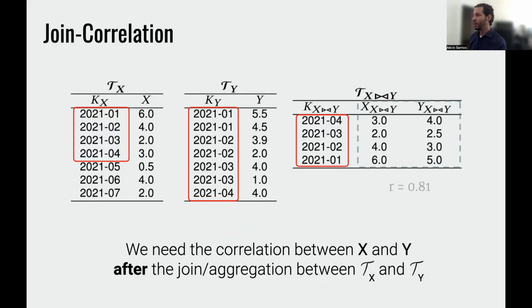Our goal is to compute the correlation between these two variables, which are only available after the join. And this is one of the challenges here. How can we estimate this correlation without having to materialize this join, which could be very expensive in large dataset collections, especially when tables are very large?